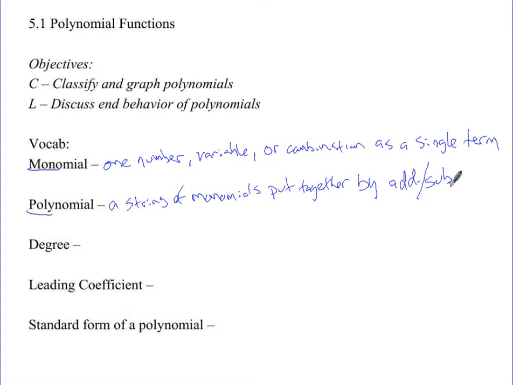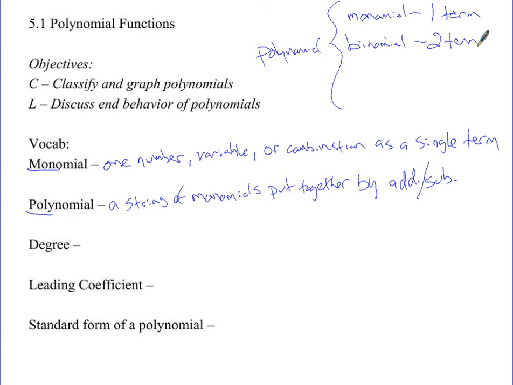We have some special polynomials that we need to talk about. There's monomial, obviously. We just talked about that one. One term. We have another one, binomial. What is a binomial? 2 terms. The prefix bi means 2, like a biplane. 2 wings on that plane.